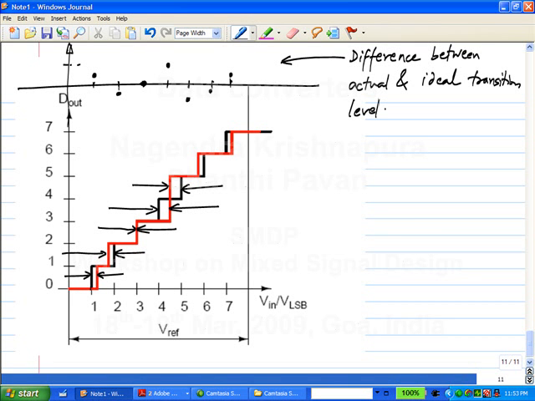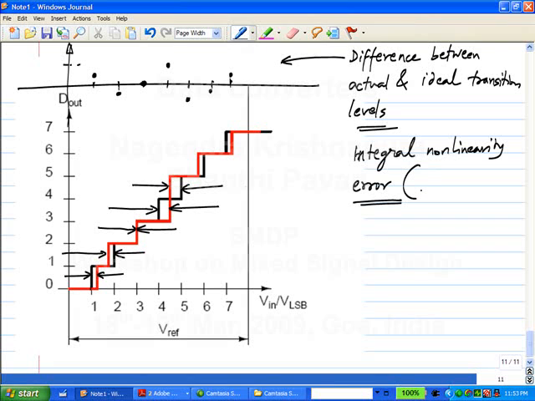It is basically the difference between the characteristics that you want and the characteristics that you get, and this is known as the integral nonlinearity error, or INL error for short.